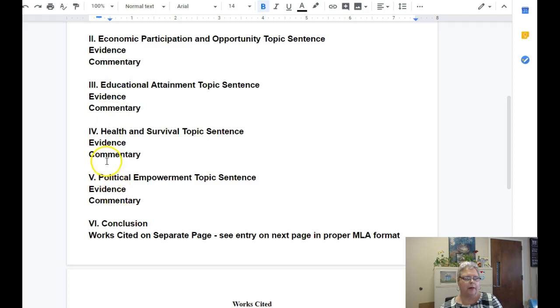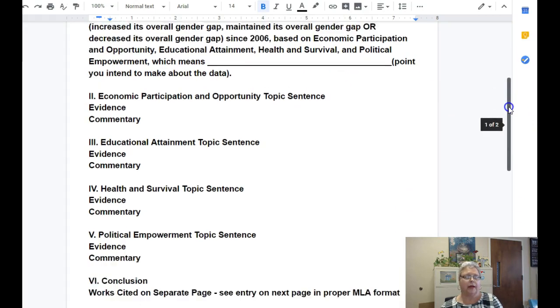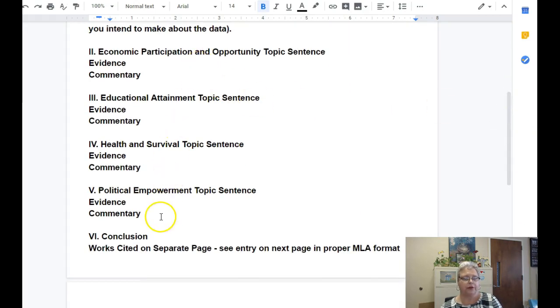So you're down to your 5th paragraph when you finish talking about political empowerment. And it doesn't really matter how you organize these topics as long as it matches the order that you have them in your thesis statement. And you can rearrange that in any order you want as long as you cover all 4, and then make sure the 4 that you write here follow the order from your thesis statement.